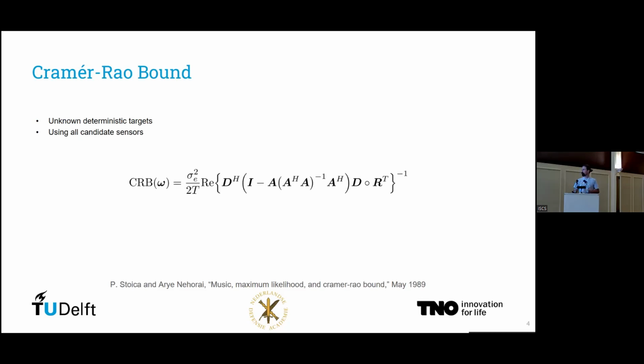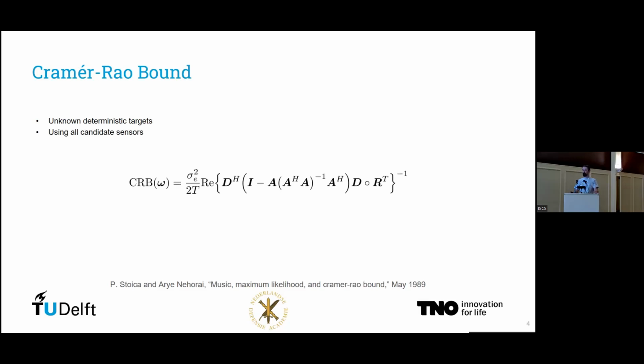Now, for multiple targets, this is what it looks like. I've dropped the dependency on omega from the matrix A. It still depends on the angles of arrival, of course, but I think the equation is long enough as it is.